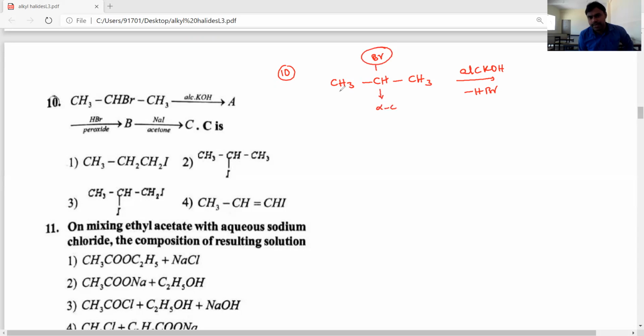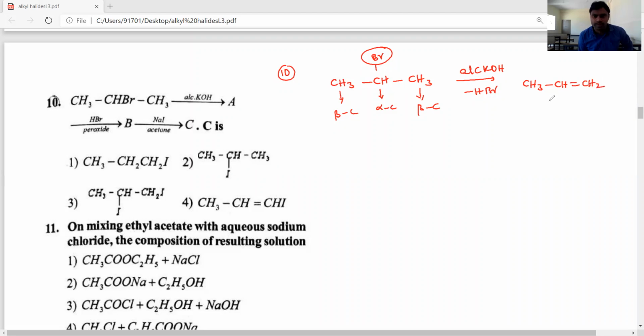The next carbons have beta hydrogens, on 2 sides. Whether you remove the hydrogen from the beta carbon on the right side or the left side, the same product is produced, that is propene, CH3 CH double bond CH2.